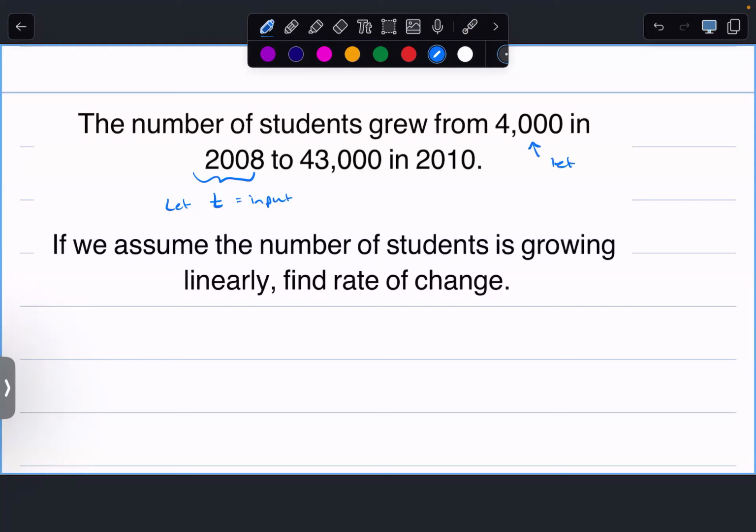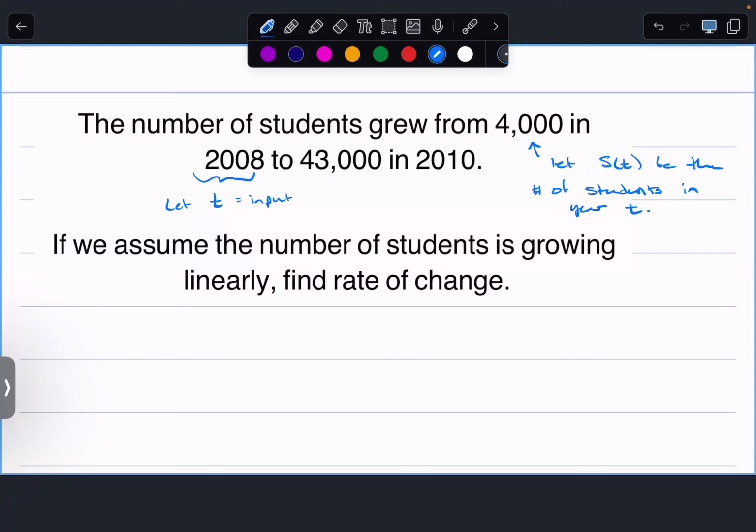And we'll let s of t be the number of students in year t. You can pick any name you want. Give it some t, it returns the number of students.